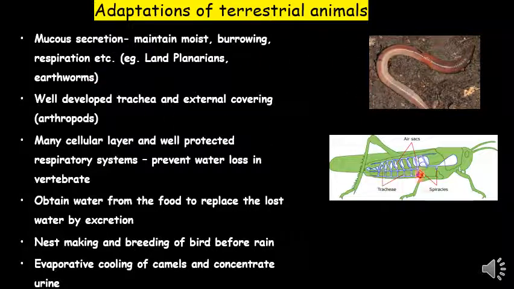And likewise, if you take insects, the arthropods, they have a perfect trachea, and it is perfectly covered by the external skeleton, which supports a proper respiratory process. And if you take vertebrate animals, their body has different cellular layers, and they also have a well developed respiratory system which helps to prevent water loss.